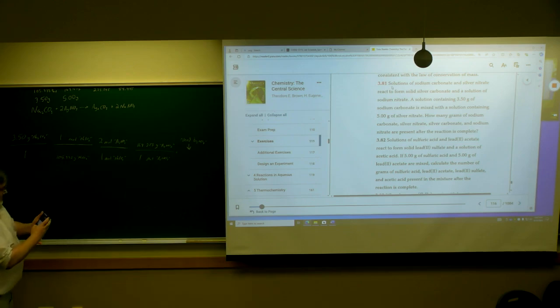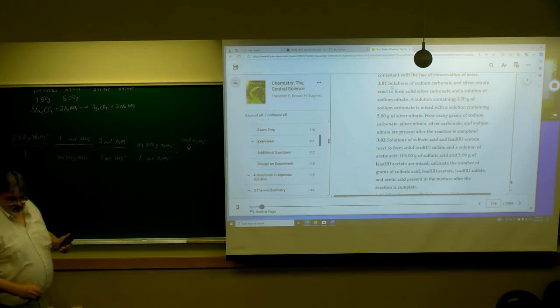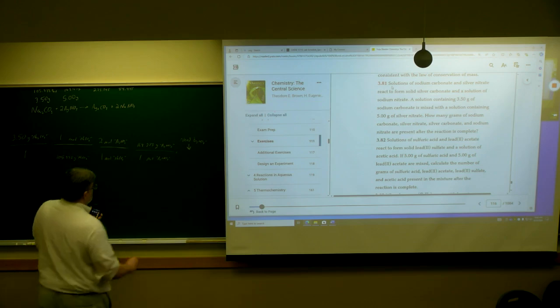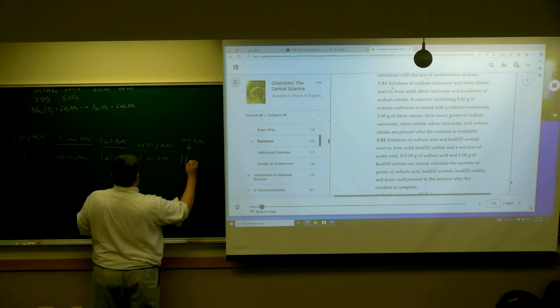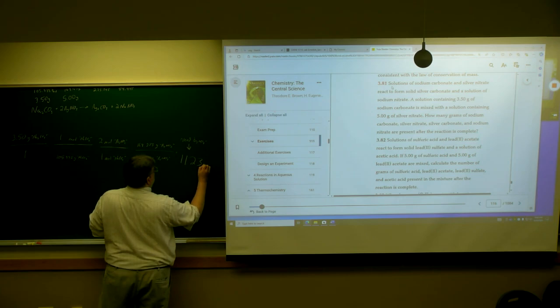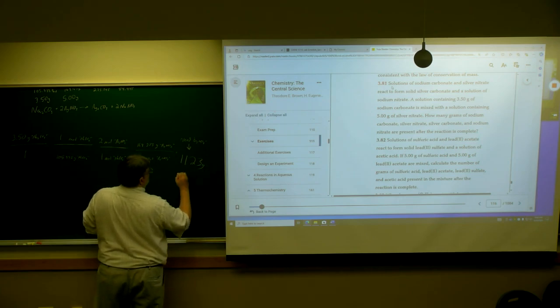So what we get here, 3.5 times 2 times 169.873 divided by 105.8. I got 11.2 grams of Ag.